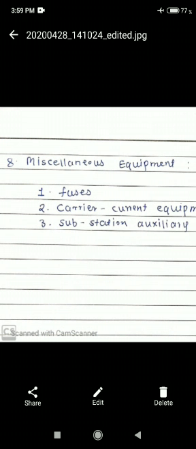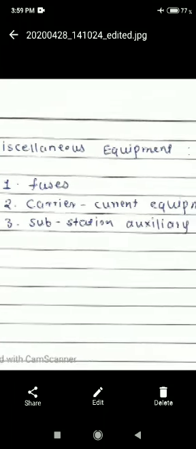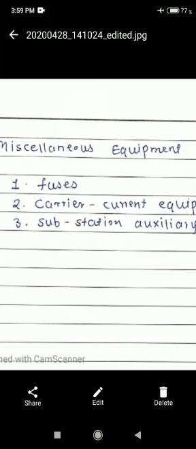Just remember that, and physically remember how they work. It is very important, so we have to understand these things well. These are some of the instruments used in the substation for its proper operation.